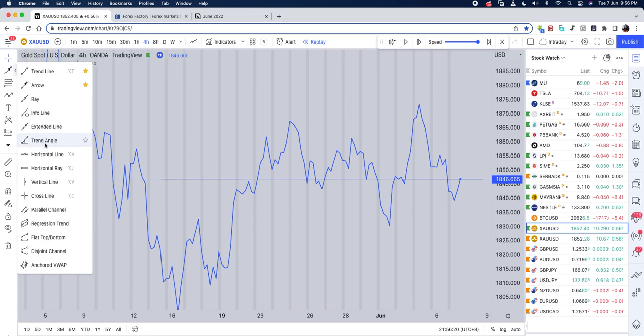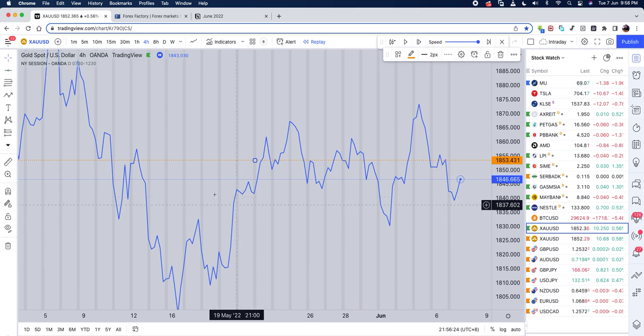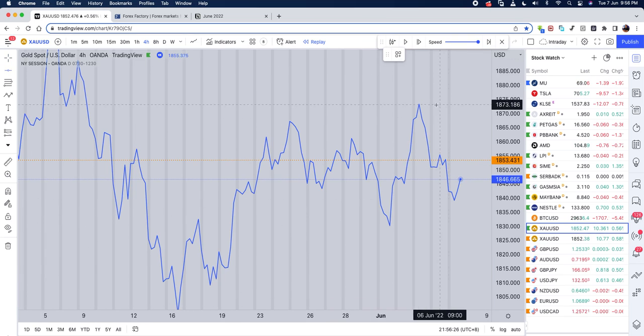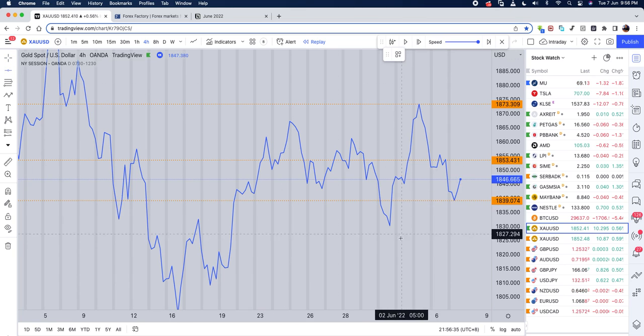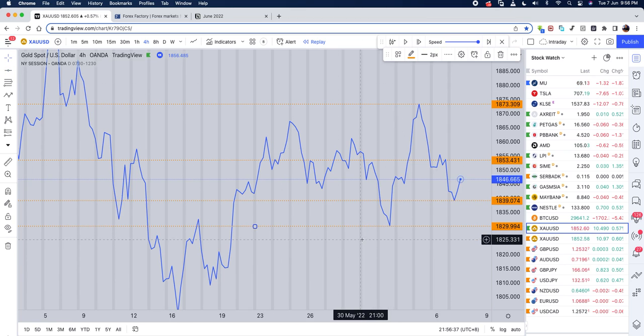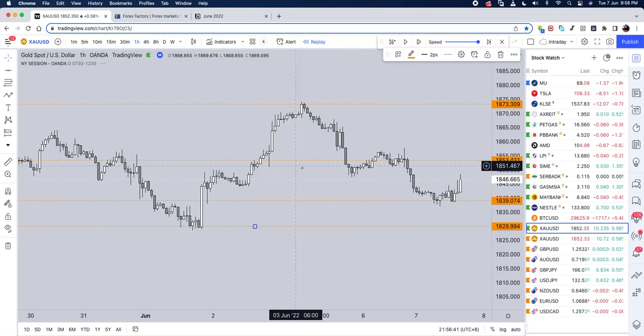analysis for today's session. So I marked the SNR level, this one, I did mark this level and also this level. So I have around 4 levels in my chart, and go to H1, change to candlestick.